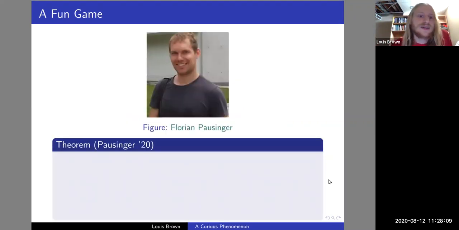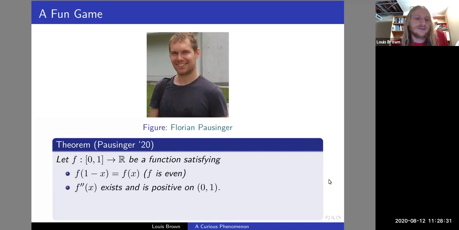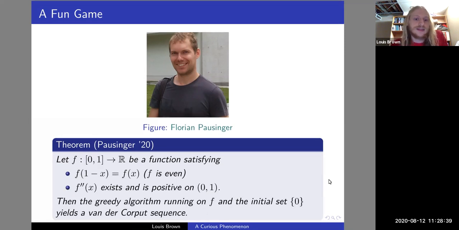So Florian Pausinger has a theorem which tells us that this is actually always going to give us the van der Corput sequence if we start with a singleton set and a nice function f. So specifically, if f satisfies f of 1 minus x equals f of x, so f is even, and the second derivative exists and is positive on the open unit interval (0, 1), then the greedy algorithm running on f and the initial set 0 will always yield a van der Corput sequence.